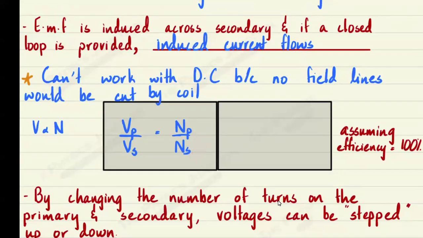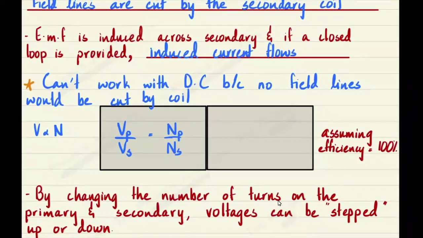But we also know that if you're talking about 100% efficiency, so if power is constant, then since P equals VI, I can also talk about current. The other equation that we get is for Ip over Is. Because power is equal to VI, voltage and current are basically inversely proportional.